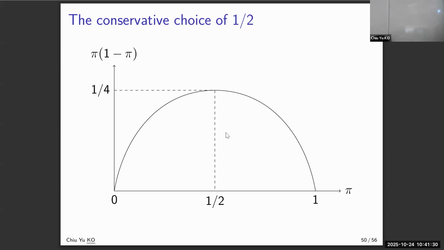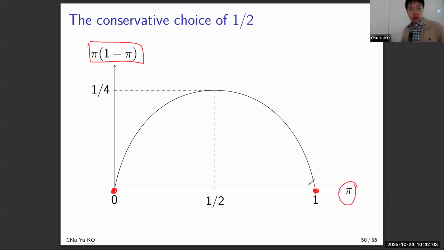This is high school math. The horizontal axis is pi. The vertical axis is pi times 1 minus pi. When pi is 0, 0 times 1 minus 0 is 0. When pi is 1, this is also 0.